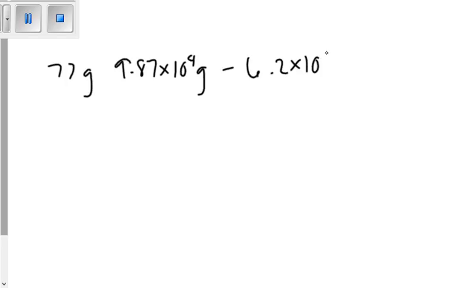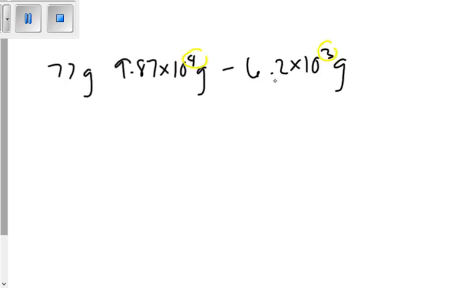All right, so 77G, we've got 9.87 times 10 to the fourth grams minus 6.2 times 10 to the third grams. All right, so here my exponents are different.